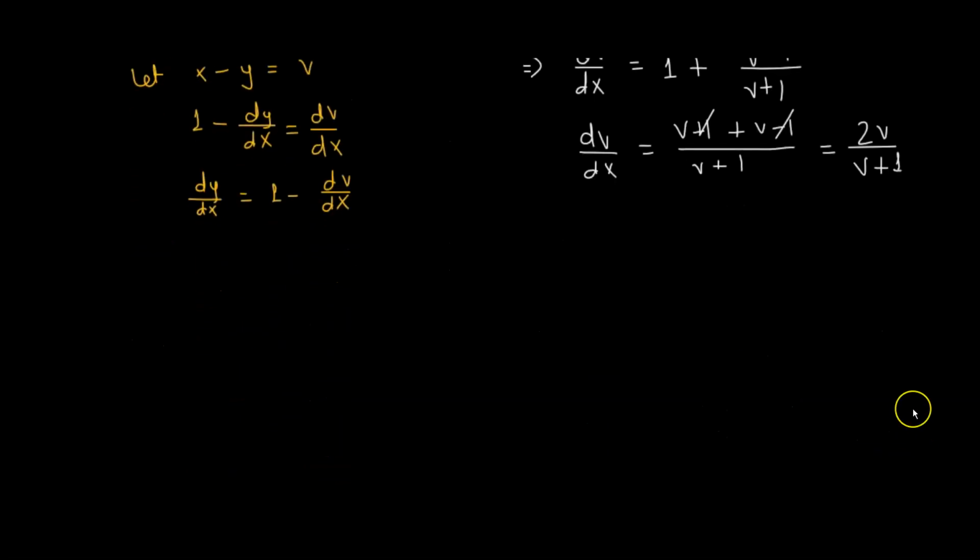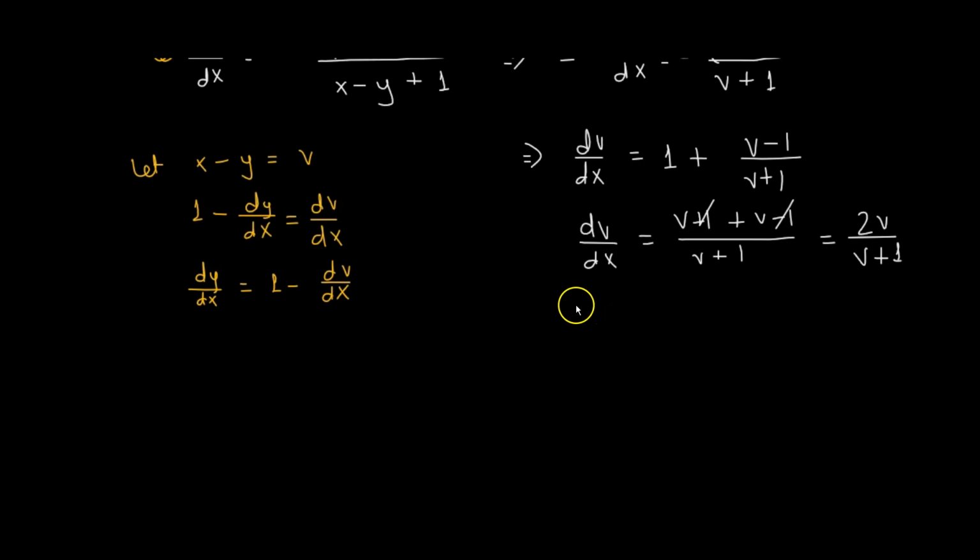Now we can separate the differentials. This gives us dx = ((v + 1)/(2v)) dv. Now this is in the variable separable form, so we are ready to integrate both sides.